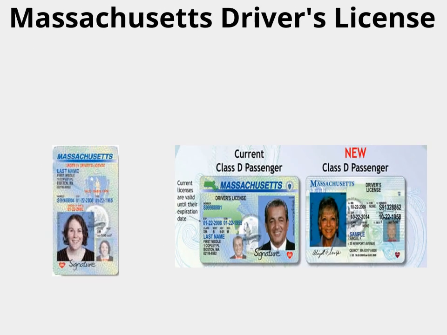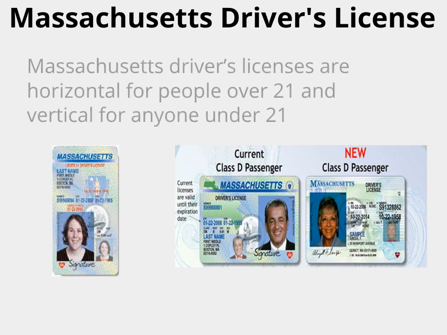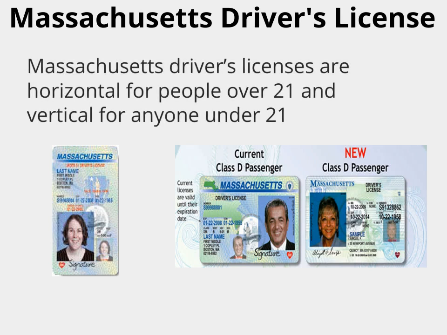This is what a Massachusetts driver's license looks like. It is really important as we go through these identification types that they may change from time to time, so please stay current on any new types of ID. On the right, you will see examples of a driver's license that is horizontal for people over the age of 21.